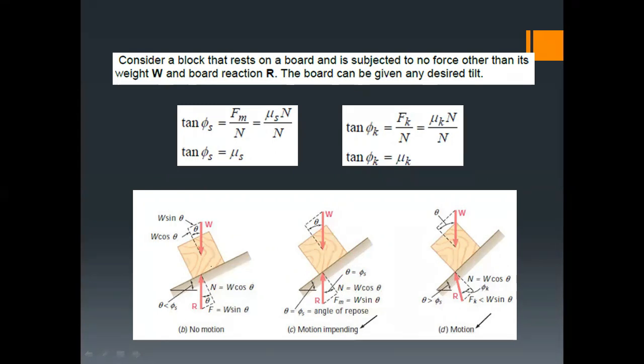So pumupunta siya dun sa corner kung saan nag-slip na yung object natin, parallel din pala sa surface natin. Okay? So makikita nyo motion impending, and magkaroon na siya ng motion, which is your theta is greater than your phi. So yun lang yun.